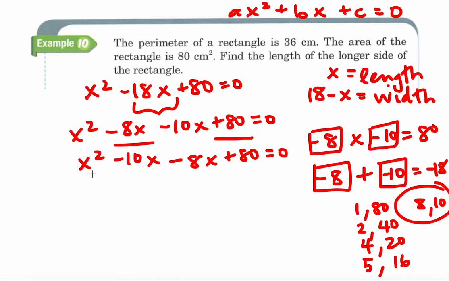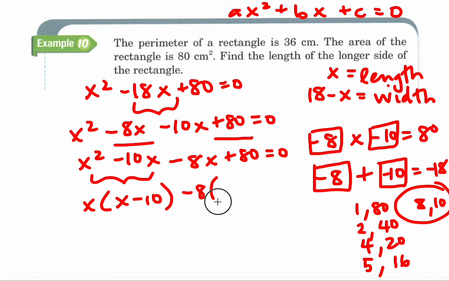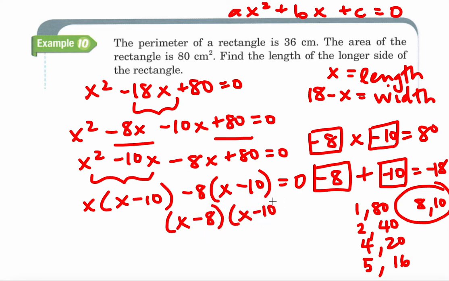So I end up with x times x minus 10, minus 8 times x minus 10 as well, because negative 8 times negative 10 is positive 80. Okay, so then I end up with x minus 8 times x minus 10 equals 0.